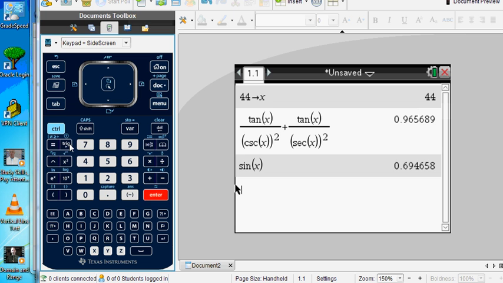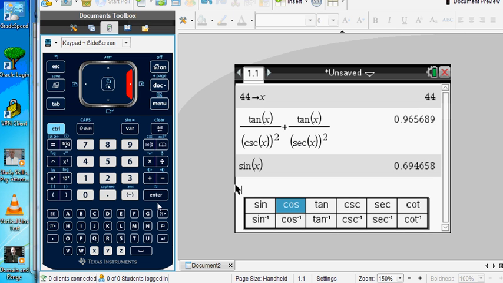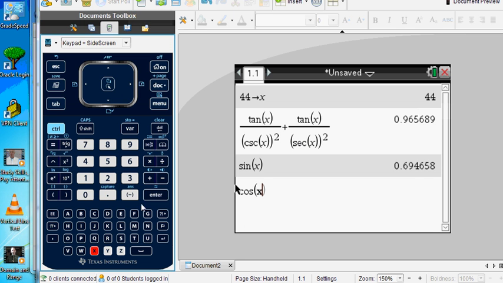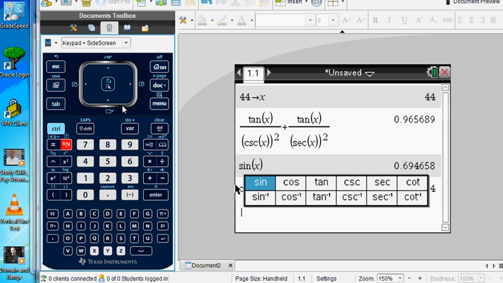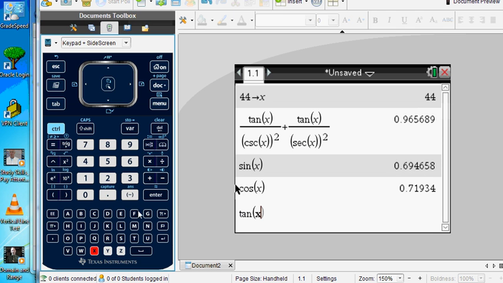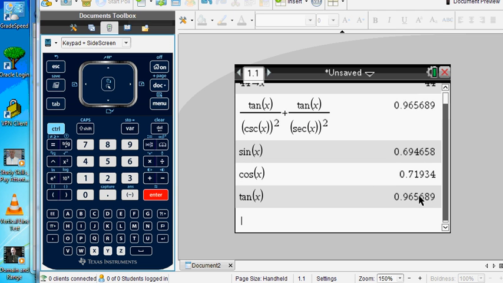Sine x is not right. Cosine x is not right. Tangent x better be right, because answer D is 1. So this better be right. It's answer C, and it is the same as we had originally for the expression.